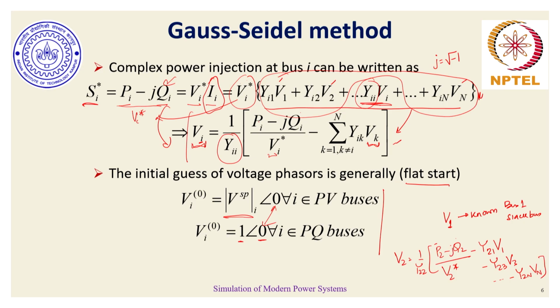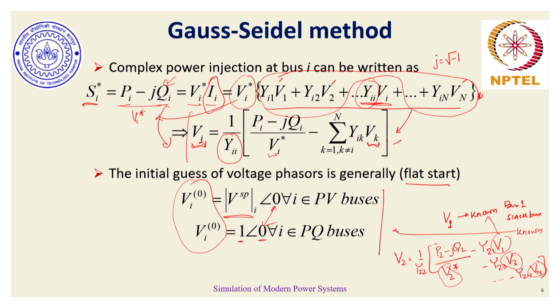For all voltage phasors like V2, V3, Vn, I already know my initial choice. So, I plug in those values in the initial choice forms. V1 is anyway known. I eventually get an RHS form which is completely known in terms of these initial choices.